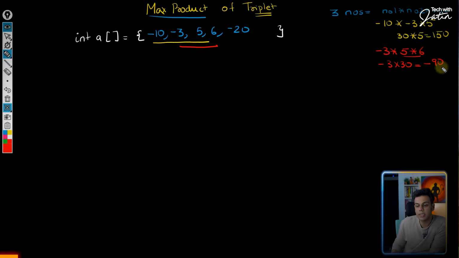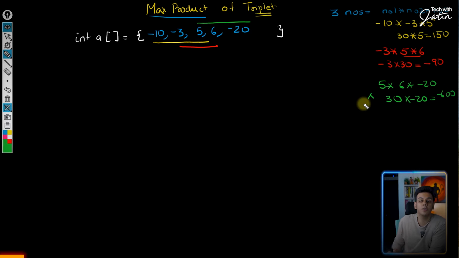Of course, this is definitely not the biggest product. Now let's take the next combination, 5, 6, minus 20. So 5 into 6 into minus 20 is 30 into minus 20, which is minus 600. So this combination is also not producing the maximum product.